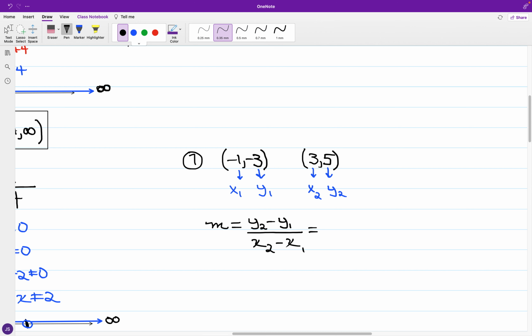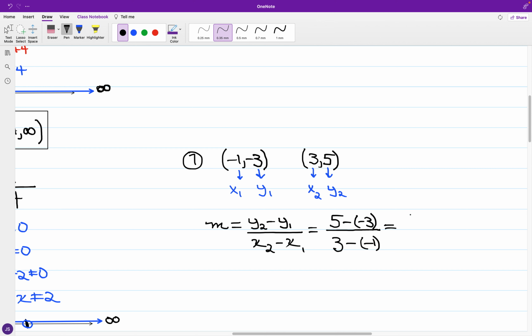So after identifying the first and second x and y values, we can set things up so that we can substitute right away. For y of 2 minus y of 1, y of 2 is 5, minus y of 1, so we are subtracting negative 3. All over x of 2 minus x of 1, so x of 2 is 3, and we are subtracting negative 1.